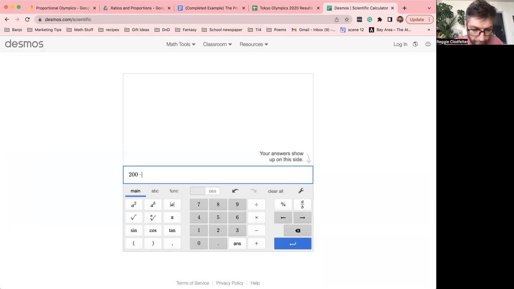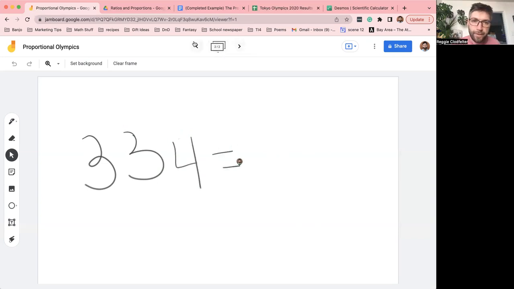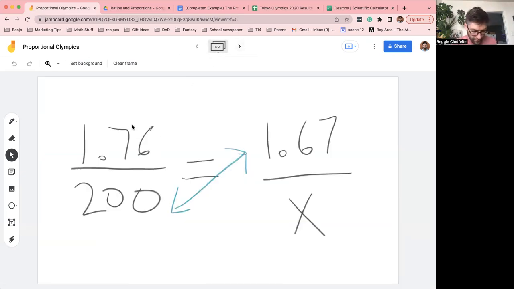200 times 1.67, 334. So I'm going to write down 334, and that's going to be equal to 1.76 multiplied by X, which is just going to be Elaine Thompson's proportional race distance. We just don't know what it is yet.